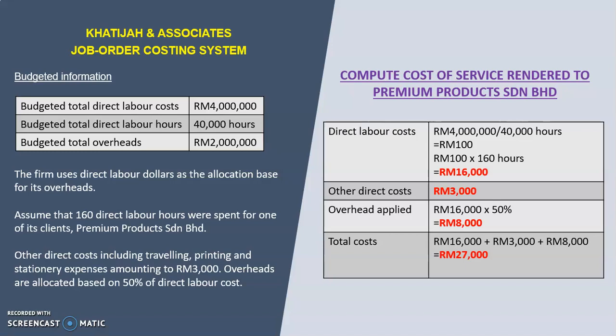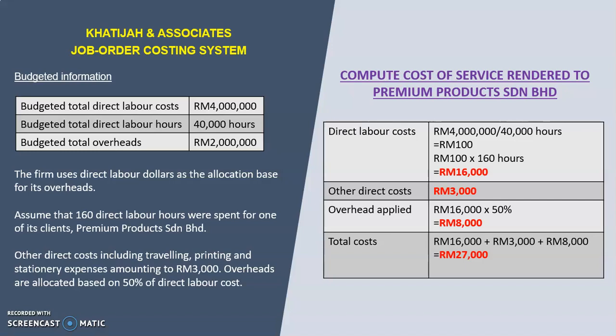So let's look at the first information, direct labor cost. You know that for the company, total direct labor cost is 4 million and total direct labor hours budgeted is 40,000. So 4 million divided by 40,000, you get RM 100 per direct labor hour. So RM 100 times the 160 direct labor hours for Premium Products, you get RM 16,000. Then other direct costs is RM 3,000.